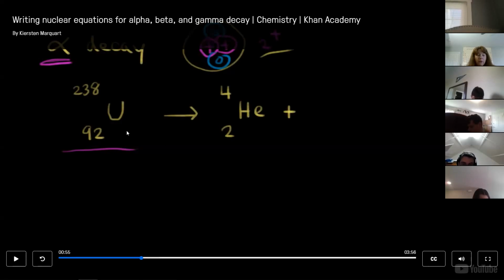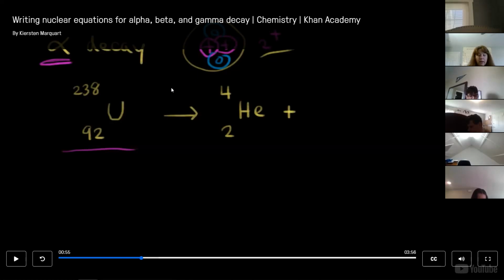So if you're given the starting material, you can always figure out one of your 2 products in alpha decay. Then you use that to figure out your missing information. So we're trying to figure out this piece right here. This arrow is essentially an equal sign.